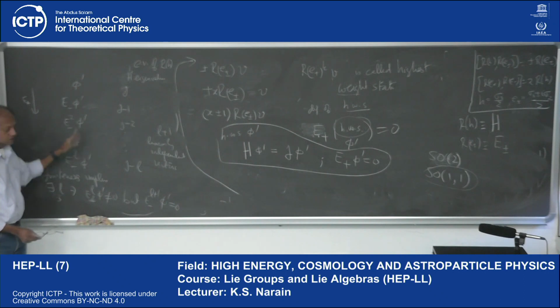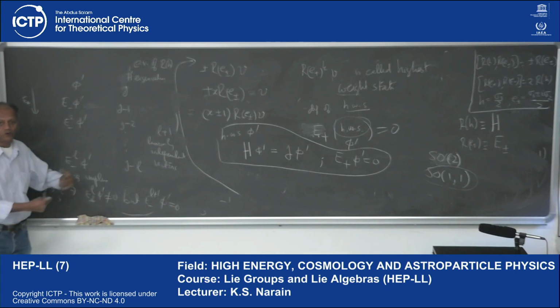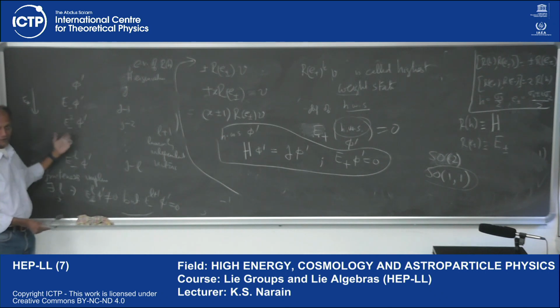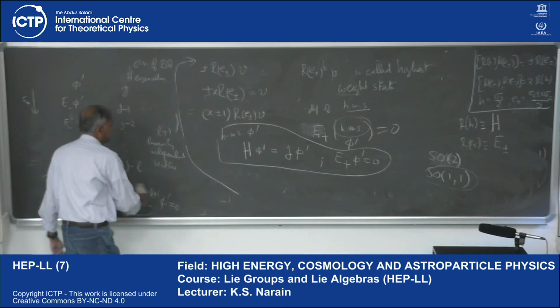So the question we want to ask is, if I apply E plus on any one of them, do I get back one of these states or a variation of these states? If I get a new state when I apply E plus, then you need to add more states to get a representation. So let's see what happens.